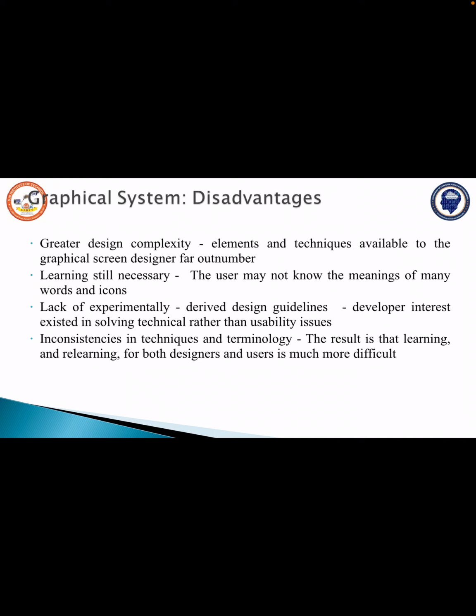So that means for each and every device, we may use different kinds of icons, so they should understand. It means you should set proper guidelines while designing the interfaces.